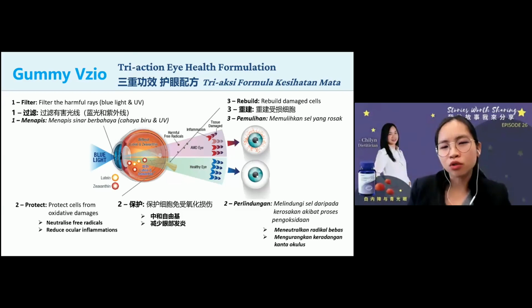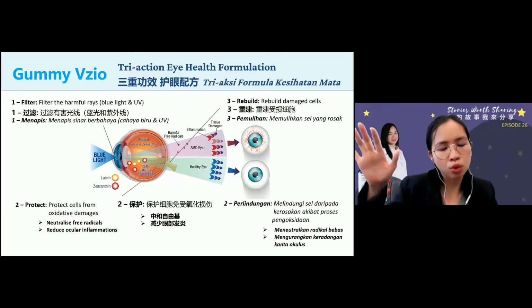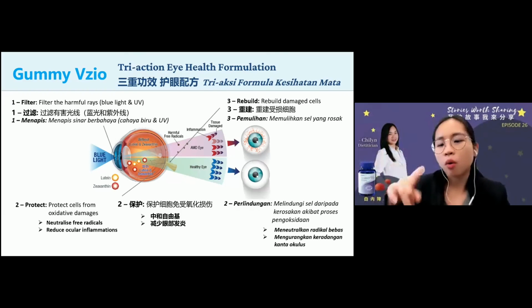Okay, lastly, it can rebuild the density of macular pigment that is in the center of our retina. Studies also found that the higher the pigmentation of our macula, the risk of getting macular degeneration due to old age would decrease. And macular degeneration is when the center of our retina is sick, and it would damage our vision as well.